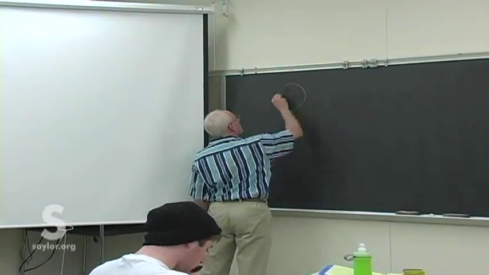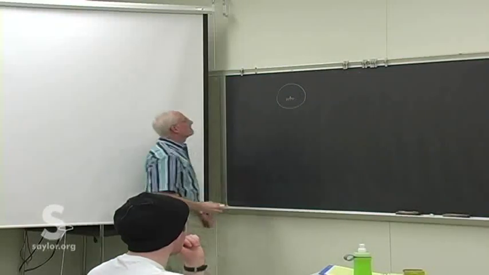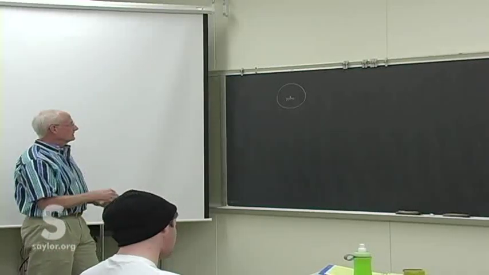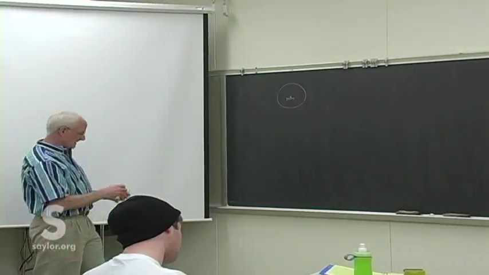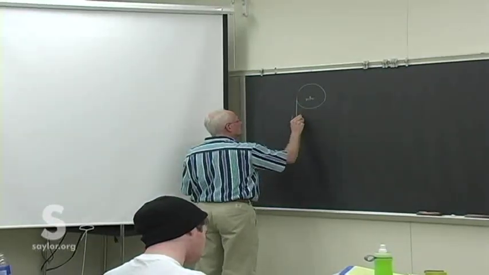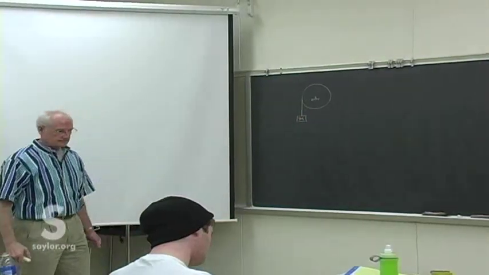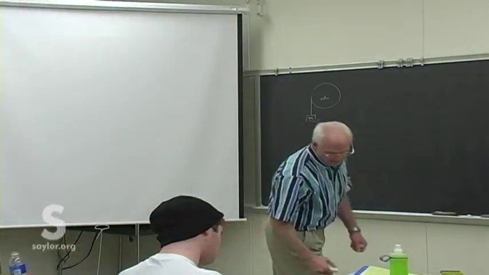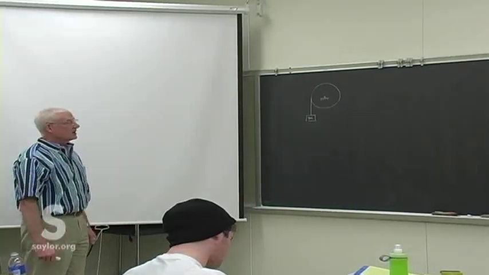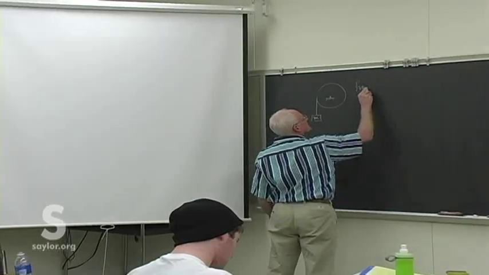Imagine a pulley, center mounted somewhere, hanging from a sky hook or something. And we have a mass on it. All right. Starting from rest, find the angular acceleration of the pulley.